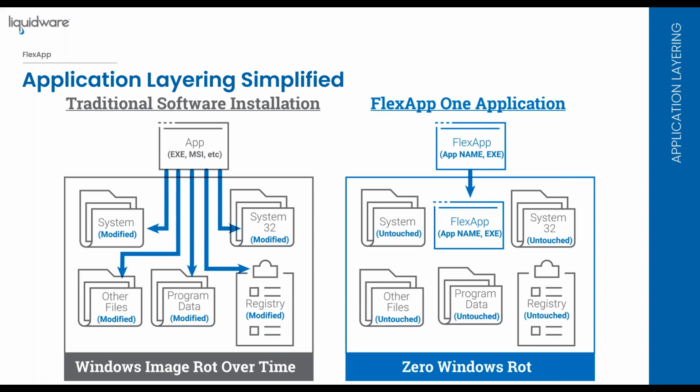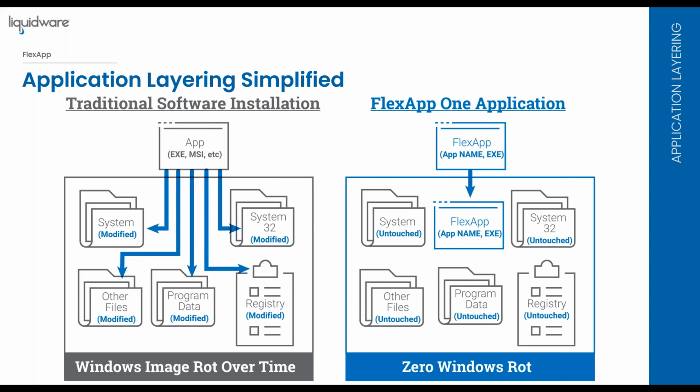It's when that Windows image gets older and it runs slower and you can't quite put your finger on it. Not only have you spent a lot of time managing the base images to deliver your applications, and you may have dozens of base images to support, say, a Citrix implementation on a department by department basis, for example, but you've also modified that Windows OS, and it can indeed run slower and be far less secure than it would be if you could use a method like FlexApp.